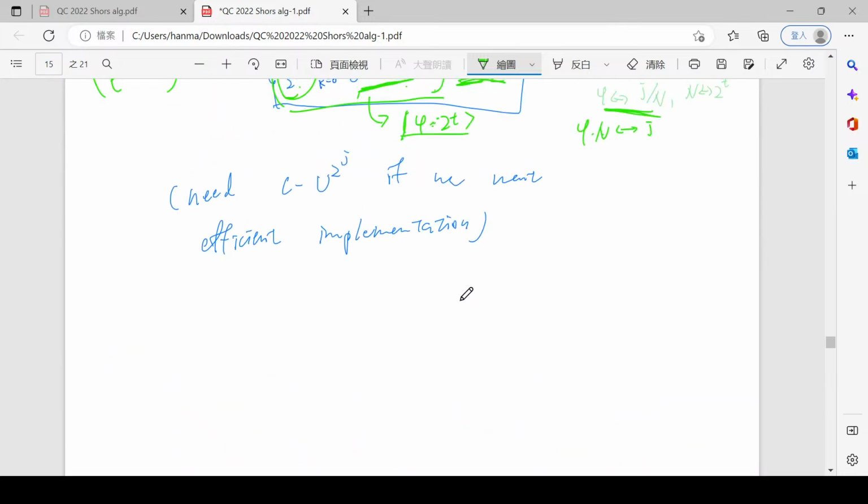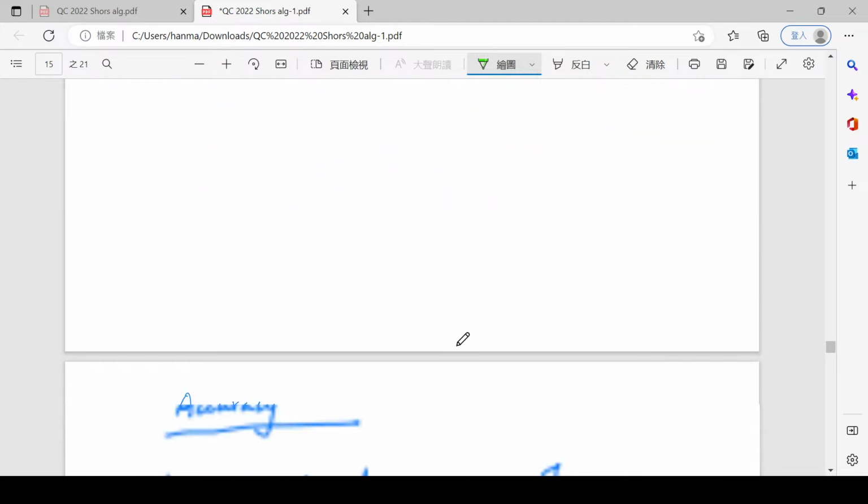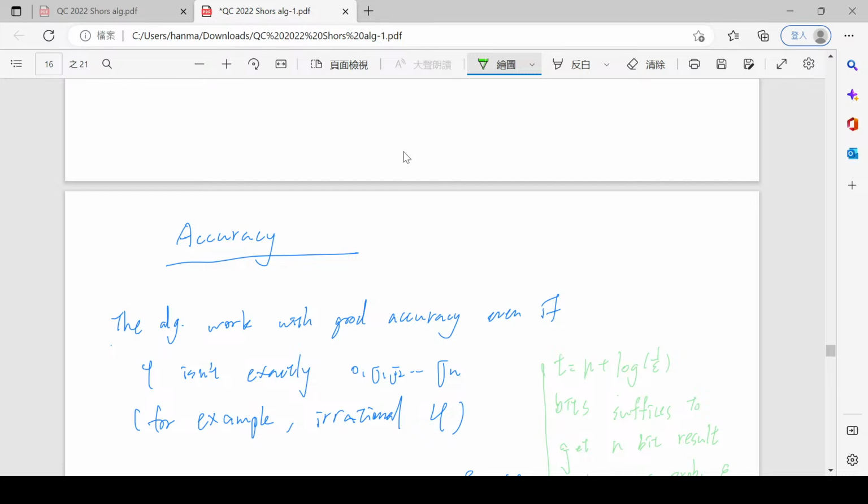And another thing you probably want to ask first is that we say our psi equals 0.j1 j2 up to jt. But what if psi is not in this form? Right? This is quite restricted. You need to be almost like an integer in binary.